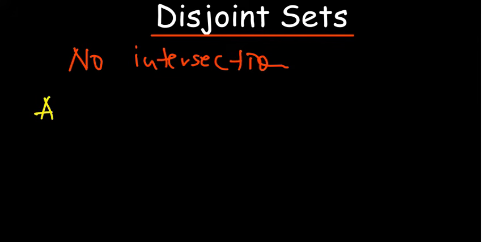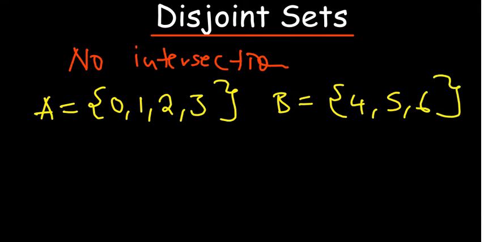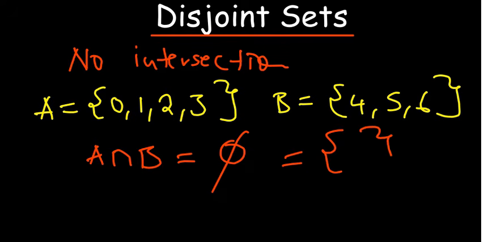If you have set A, for the sake of example, having members 0, 1, 2, 3, and set B having members 4, 5, 6, we can clearly see that these do not have any intersection. If you are asked to find the intersection of A and B, it is an empty set, as we saw the symbol of an empty set. In such a case, we call A and B disjoint sets.